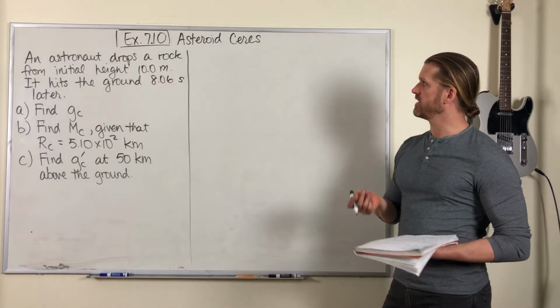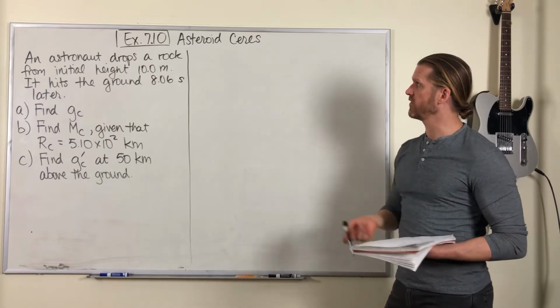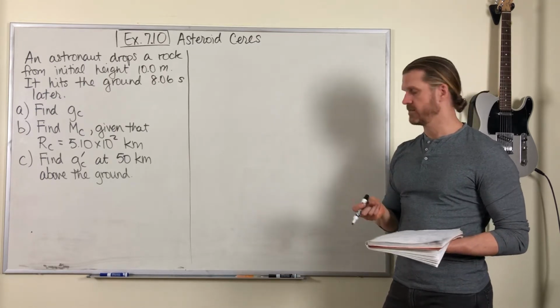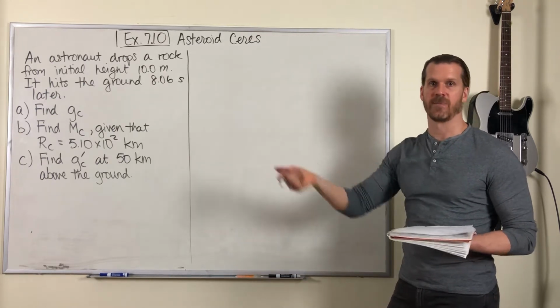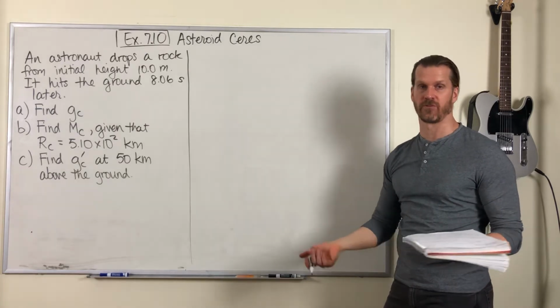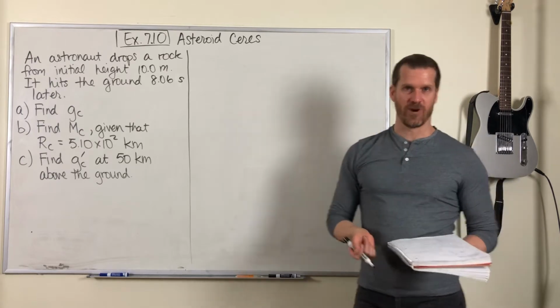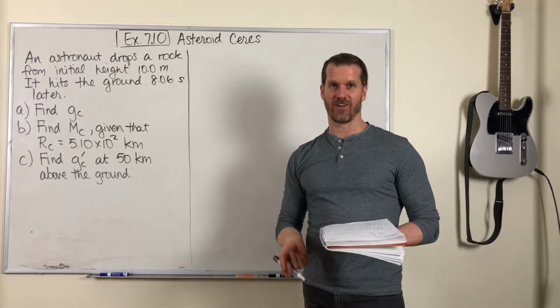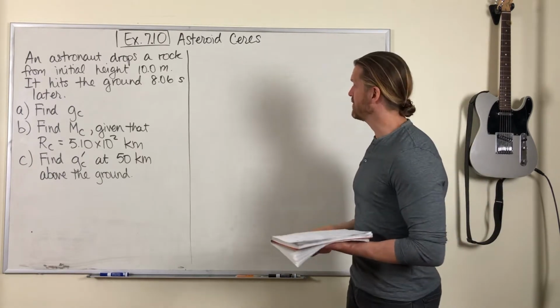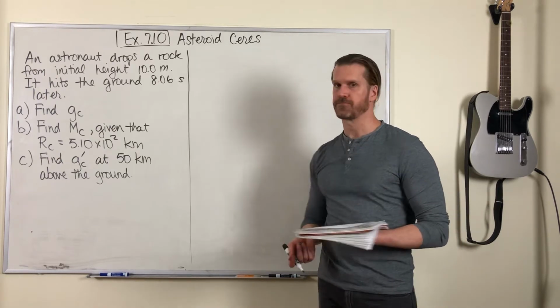So imagine that an astronaut travels to Asteroid Ceres and drops a rock from an initial height of 10 meters above the surface, and has a stopwatch and times that fall at 8.06 seconds.